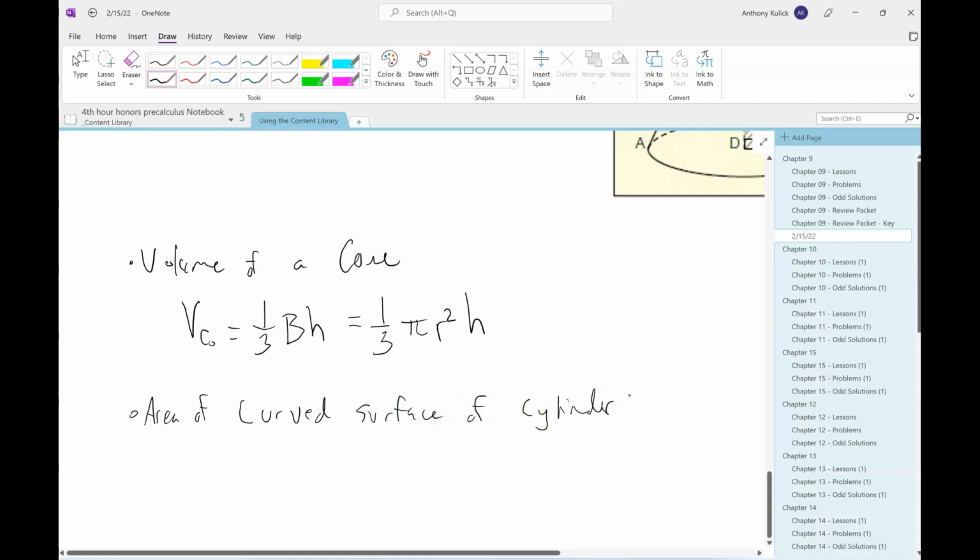So what about the area of the curved surface for a cylinder this time? So, the cylinder has a circle on top and bottom. Those are technically flat, right? But the part you'd hold when you hold your can of pop or whatever, that's all curved surface. What's that area got to be?